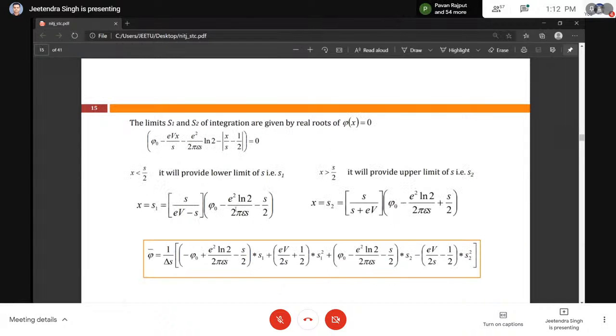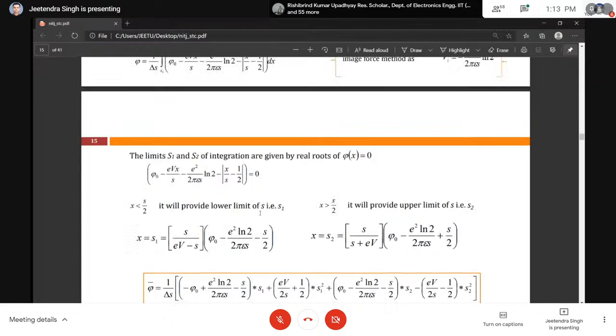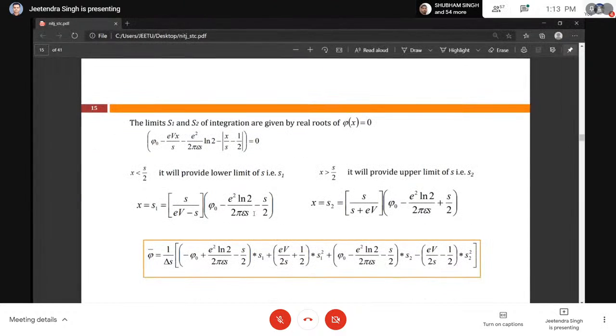In order to calculate the S2 and S1 values, we can apply two conditions: when x is less than s by 2, and when x is greater than s by 2. Then we can easily calculate the values of S1 and S2, put them back into our original mean barrier equation, and come to the final relation for the mean barrier height.